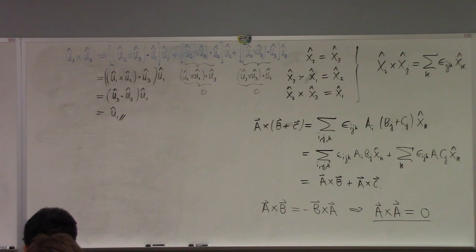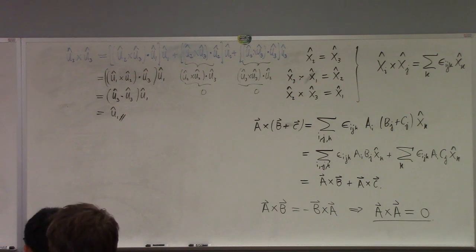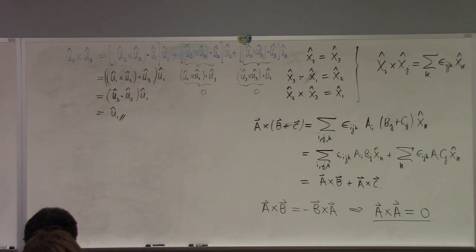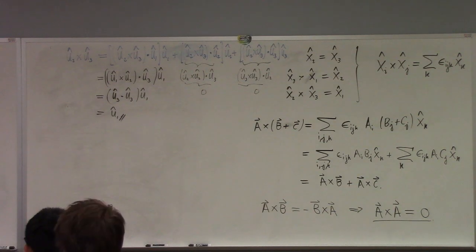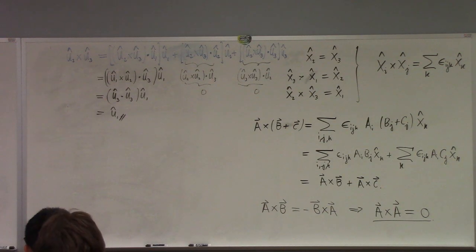But if we have nabla acting on a function, we get x hat partial x f plus y hat partial y f plus z hat partial z f. Right? Or if we wanted to be civilized human beings, we could write the sum over i of partial x sub i f x hat sub i, or even more civil, the sum over i of partial i f x hat sub i.